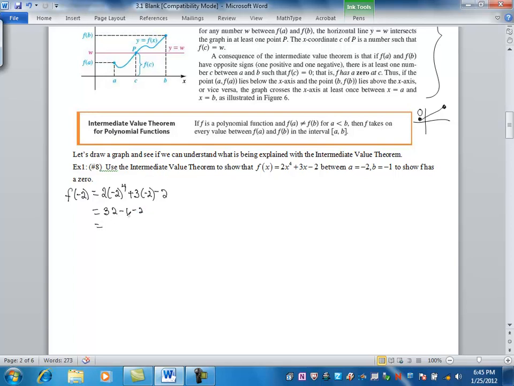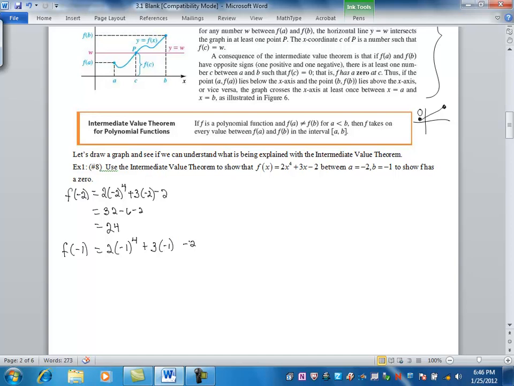So what do we have here? Well, this is negative 8. 32 minus 8 is going to give me 24. And then f of negative 1, let's see, we've got 2 times negative 1 to the 4th plus 3 times negative 1 minus 2.